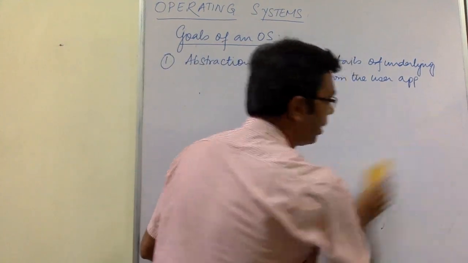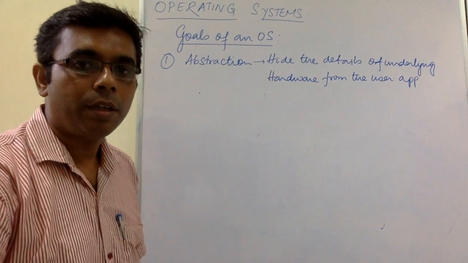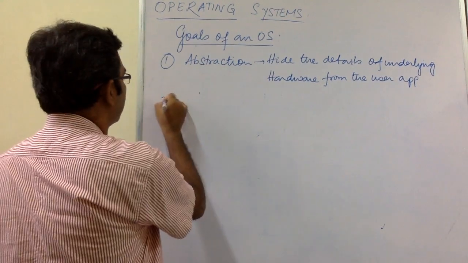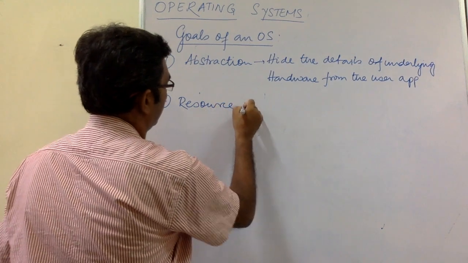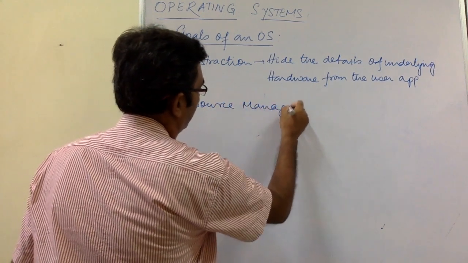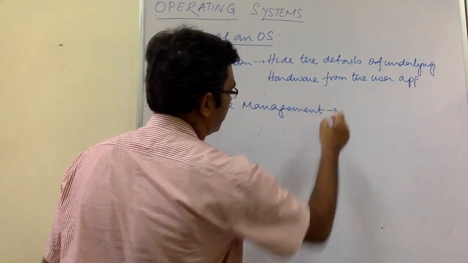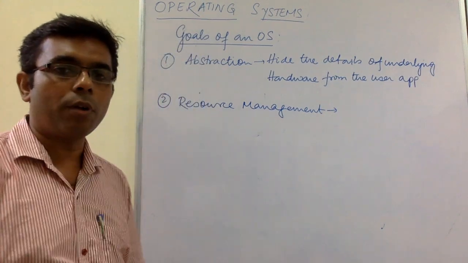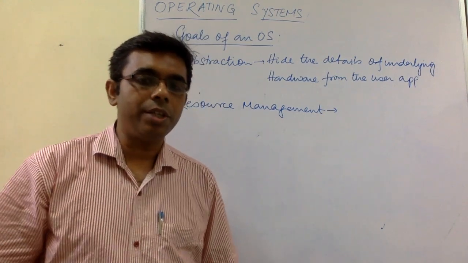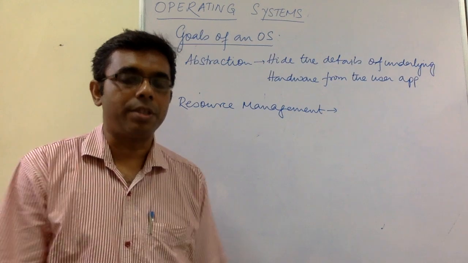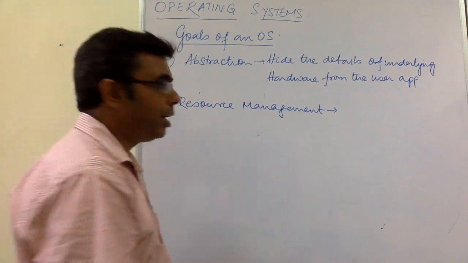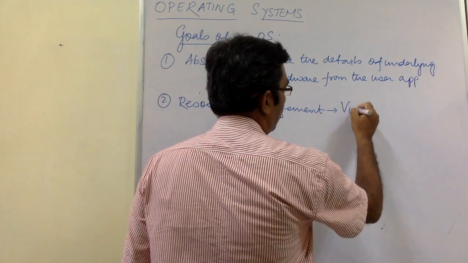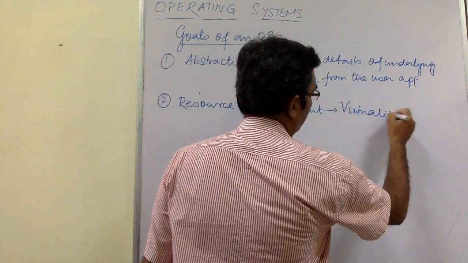The next interesting thing that the OS does is resource management. That is the second goal. We saw that when resources are shared among multiple programs, the sharing has to be managed. And the operating system does that by a technique known as virtualization.